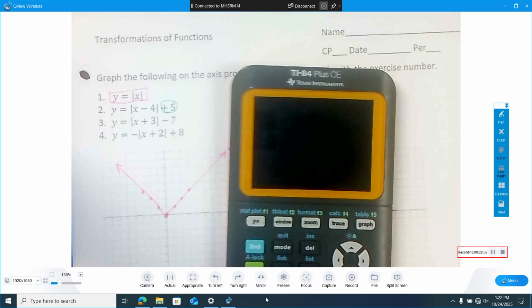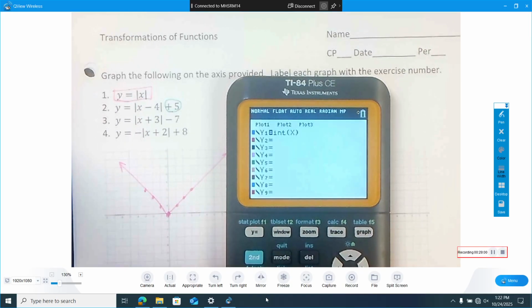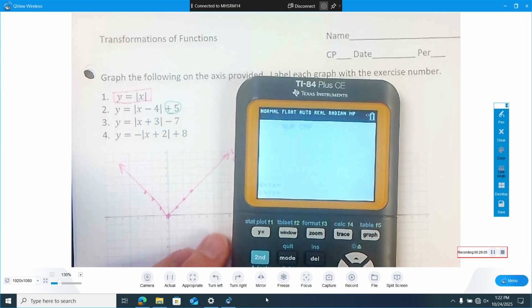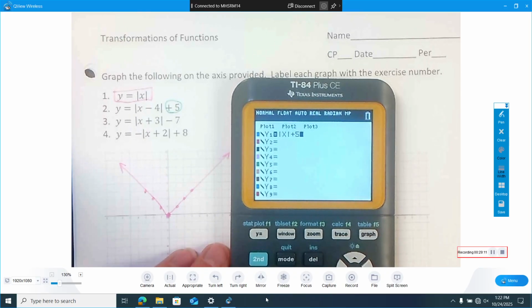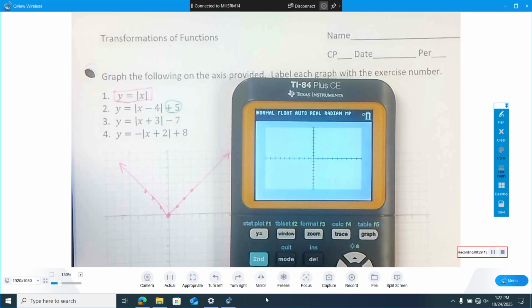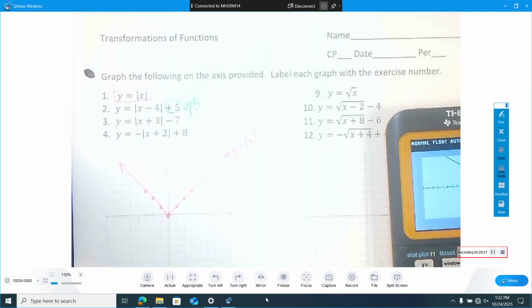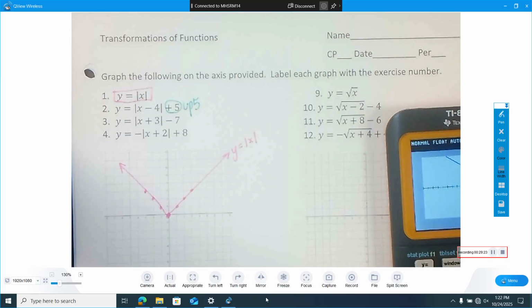We could graph absolute value of x plus 5 and very easily see that it gets shifted up 5. Outside the function, it changes the y values.